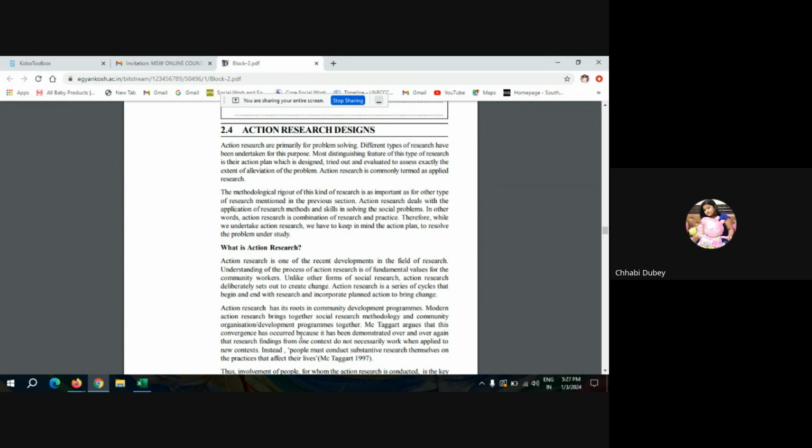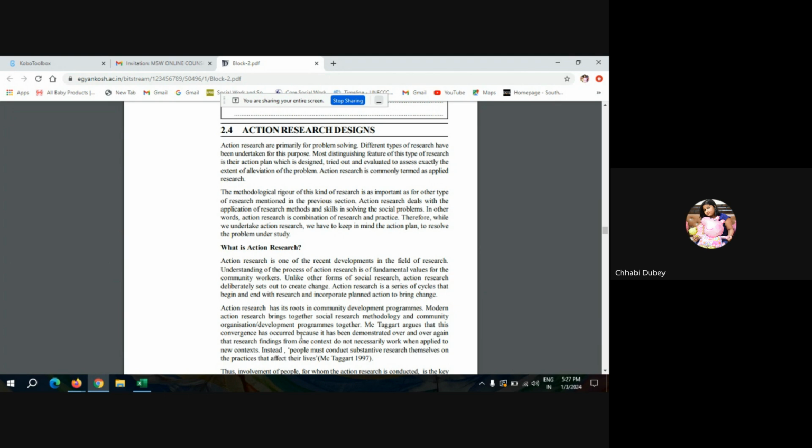Most important feature of this type of research is the action plan which is designed. With this action plan designed, it is tried out, and then it is evaluated to assess to what extent the problem has been solved. And that is why action research is commonly termed as what we know as the applied research.